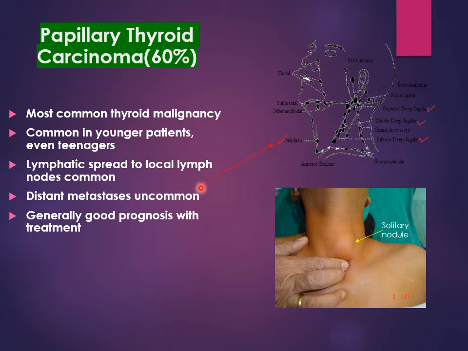Okay, so here it is local metastasis to the cervical lymph nodes, level 6 lymph node here. And this picture shows you a solitary nodule here, which is malignant.